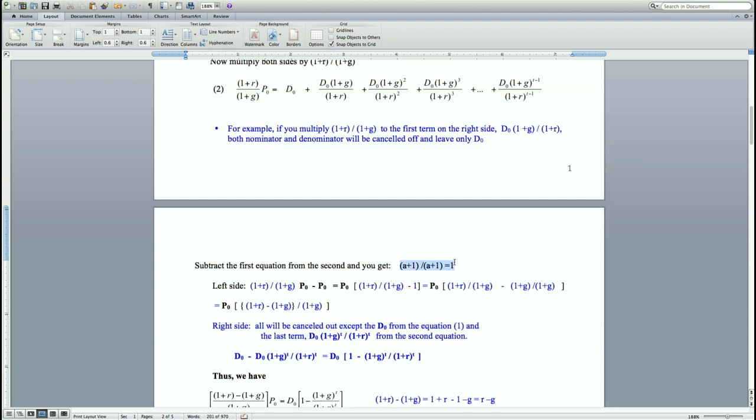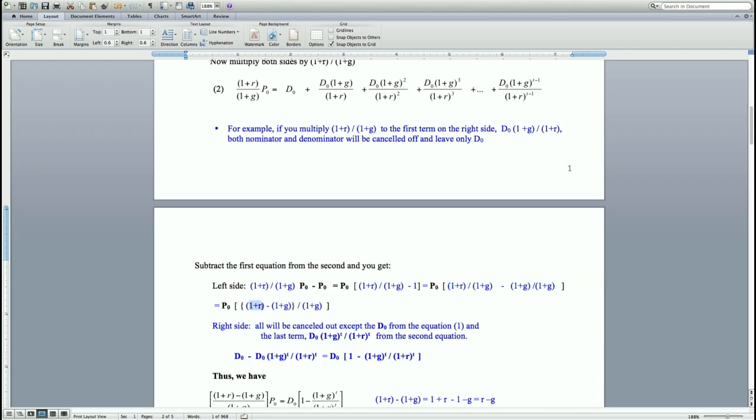So for this minus 1, we replace 1 with 1 plus g over 1 plus g. It's the same as 1, because we have the same denominator. If we do that, then we can simplify. One denominator, 1 plus g at the bottom, and above, 1 plus r minus 1 plus g.